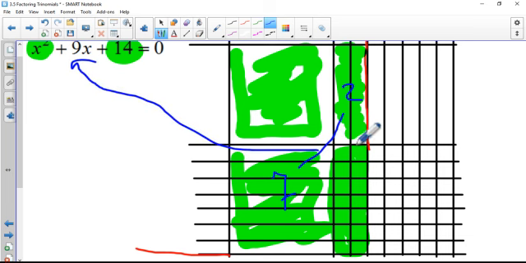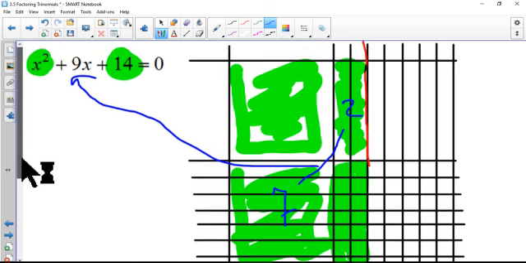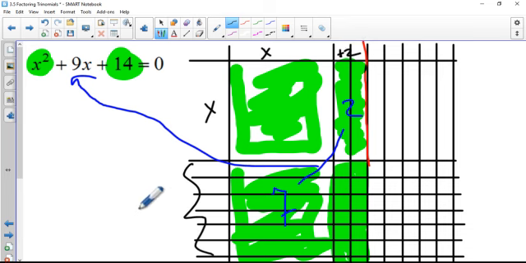Remember, the skinny ones are x tiles. So by putting in the information correctly, it tells me what my solution is. I have x plus 2 multiplied by x plus 7. So this answer would be x plus 2 times x plus 7.